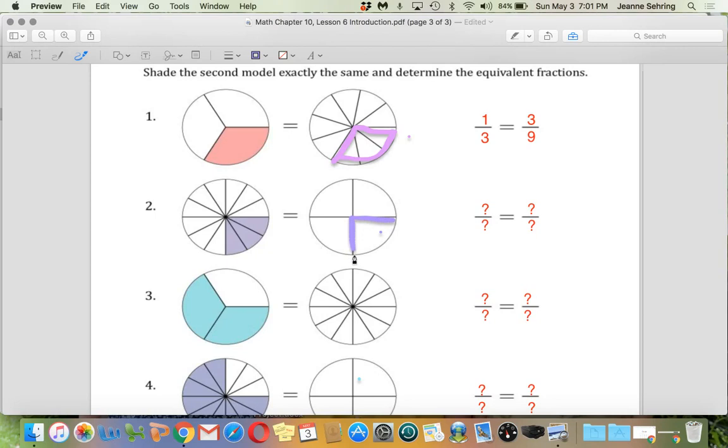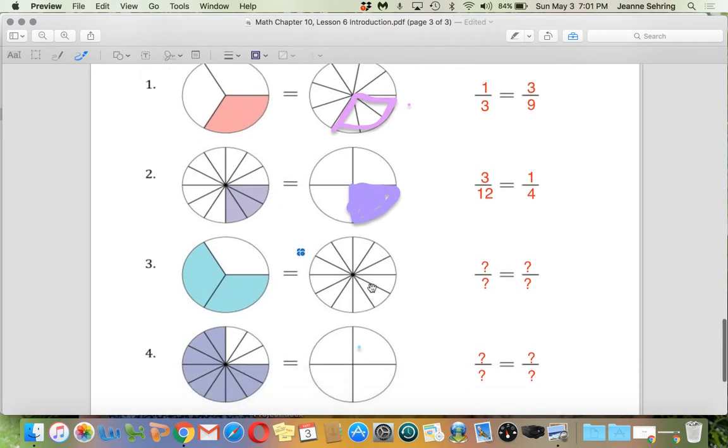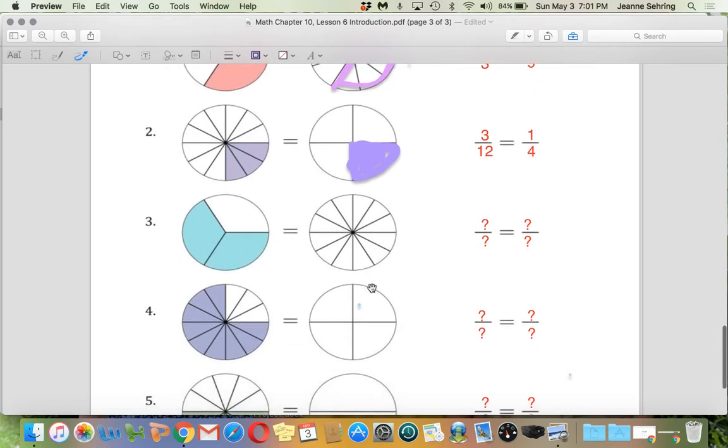If I shade the same amount here, then those shaded parts are equal, except this one is 3 parts shaded over 12 parts total, and this one is 1 part shaded over 4 parts total. Make sense?